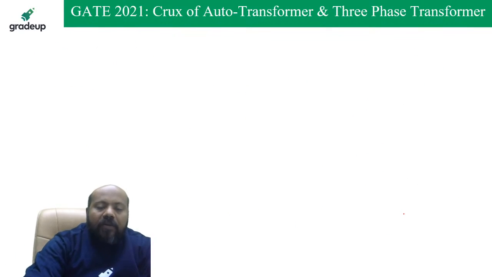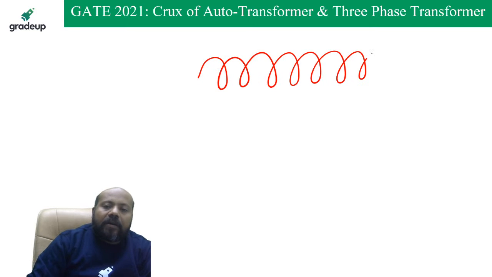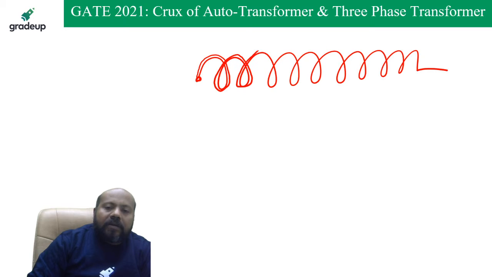How can you write the copper volume? If this is your winding, and the thickness of the wire is like this, so the winding is going to be something like this. Please try to understand my beautiful drawing.